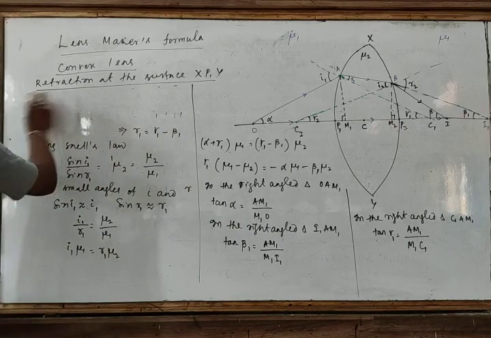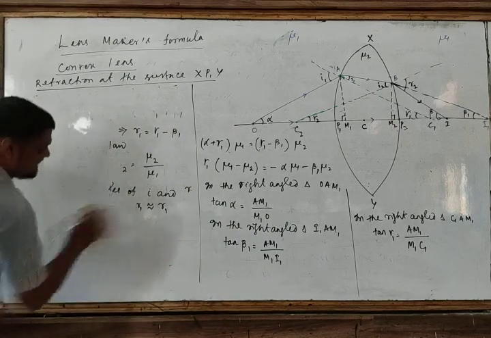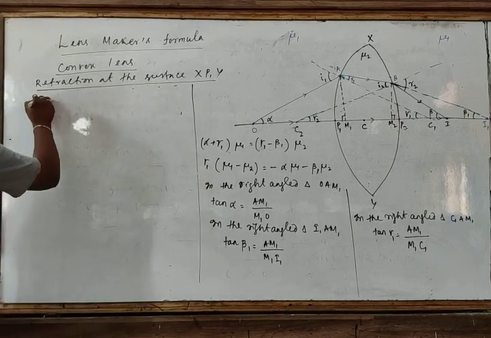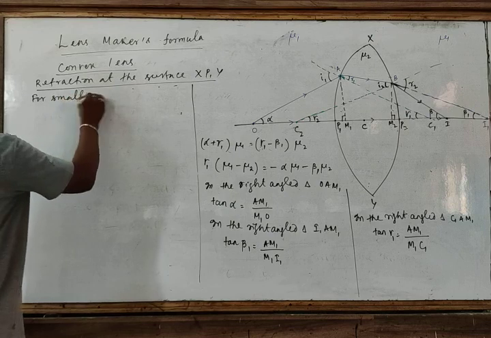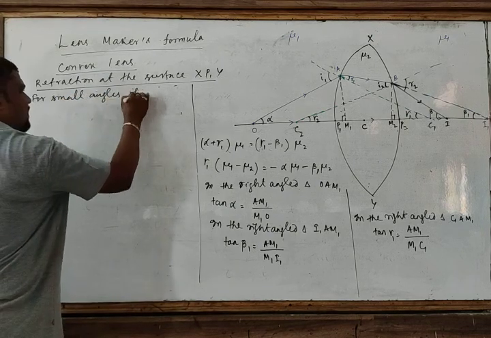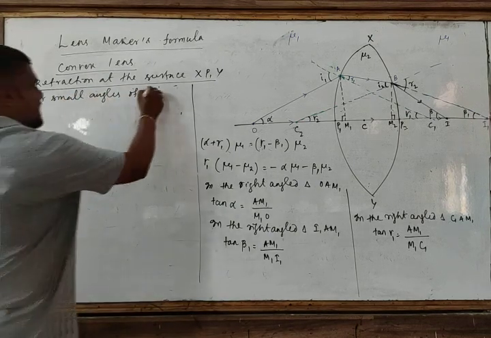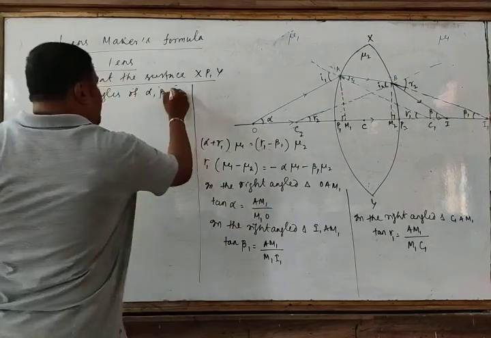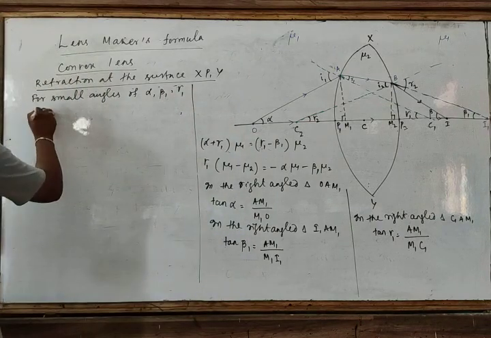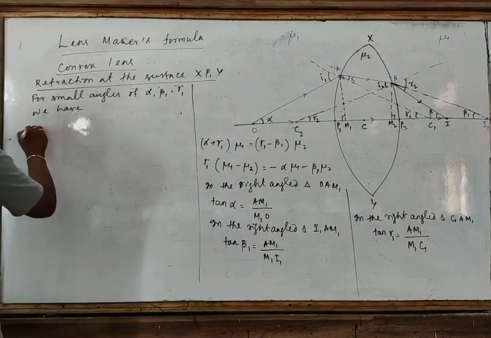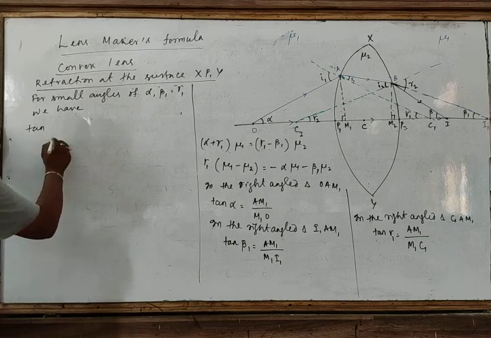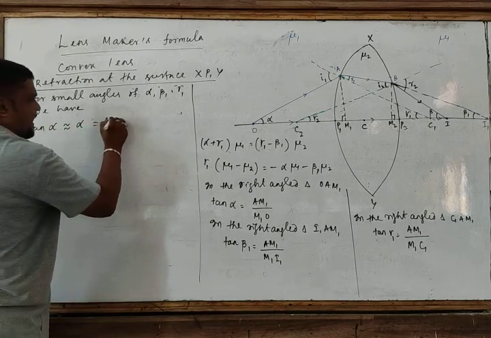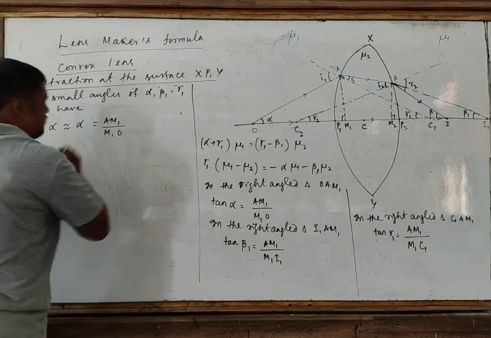Because they are paraxial rays, for small angles of alpha, beta 1, gamma 1, tan alpha is equal to alpha, equal to AM1 by M1O.